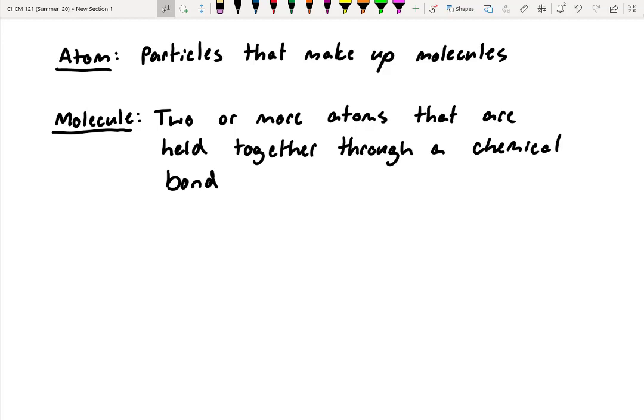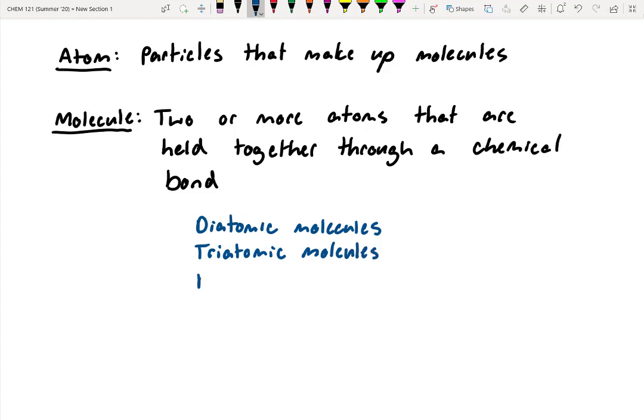And between molecules, we can further branch them down more. So what we'll do next is we'll look at diatomic molecules versus triatomic molecules versus polyatomic molecules.